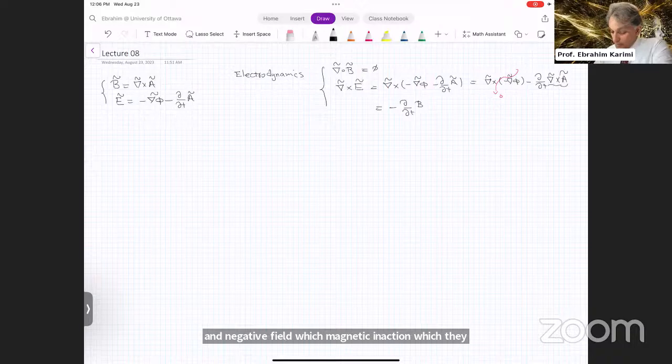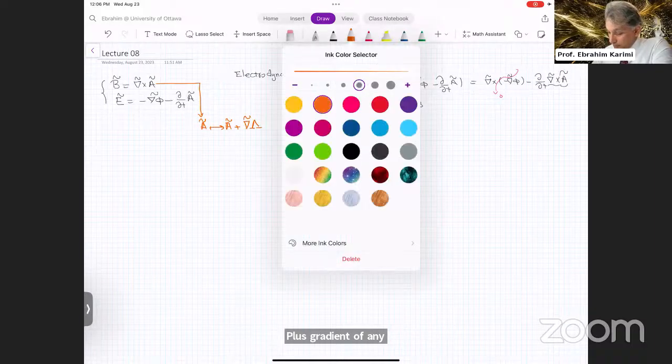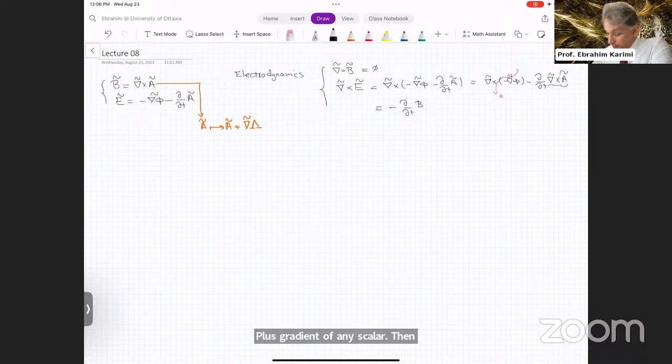Previously we said that if in this equation I take A and replace it by A plus gradient of any scalar lambda, then B, which is curl of A, is still the same as the curl of A plus gradient of lambda.